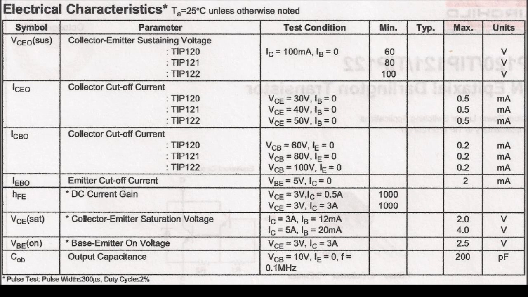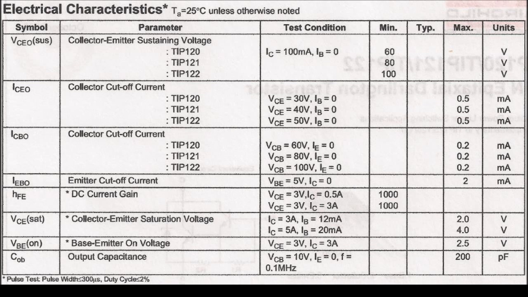conditions, such as the current from the collector to the emitter with the base open. This tells you that at a half milliamp, using 30 volts, it's going to take 1/2 of a milliamp before the current cuts off. That's how far it's got to drop down.